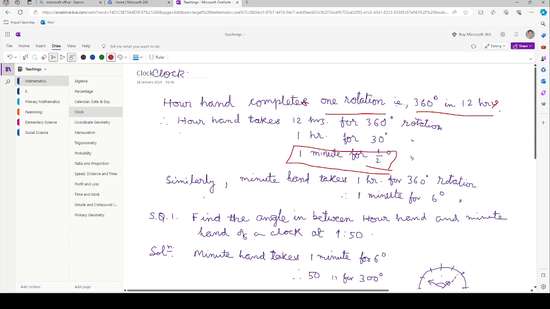Similarly, if we see, minute hand takes 1 hour for 360 degree rotation. Therefore, 1 minute for 6 degree rotation. We have to remember this relation also.